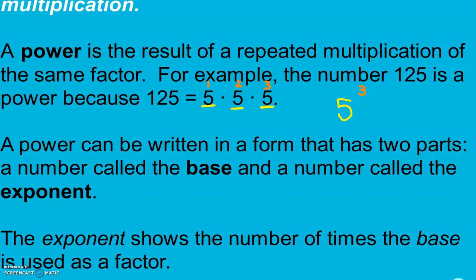And that equals 125. So another way of writing 125 equals 5 times 5 times 5 is 5 to the third power, or 5 cubed, writing it as that power. Again, the 5 is the base, and the 3 is the exponent.